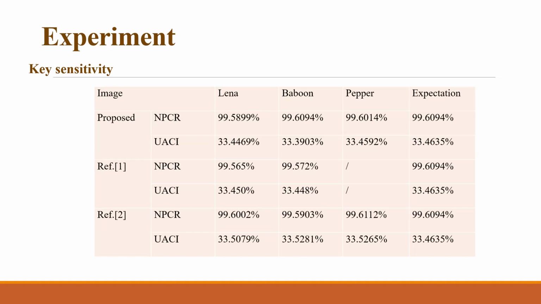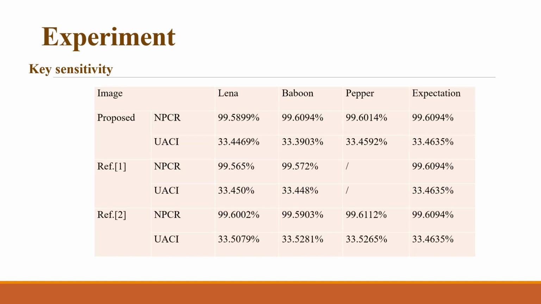Key sensitivity analysis refers to difference analysis of the cipher image obtained by encrypting the same plain image with two keys with little difference. To do this, increase the initial value by 10 to the minus 15th power to generate a new set of chaotic sequences.